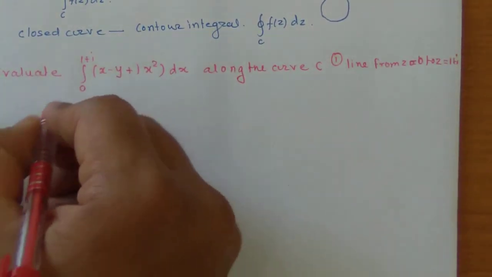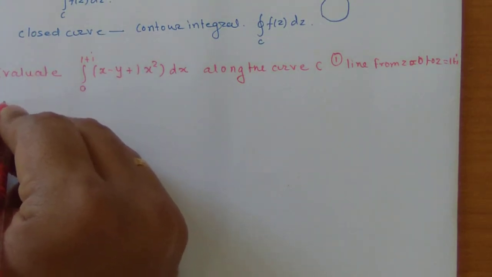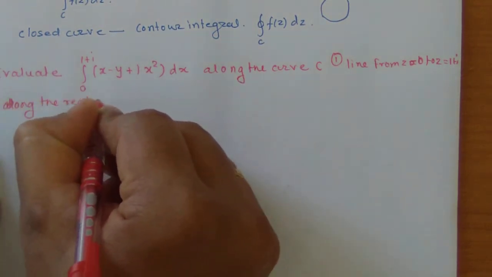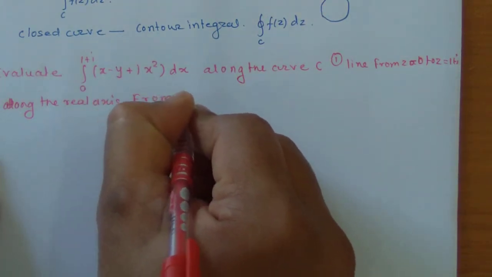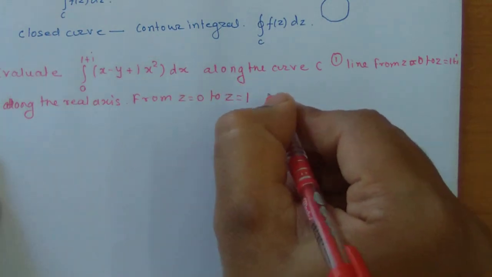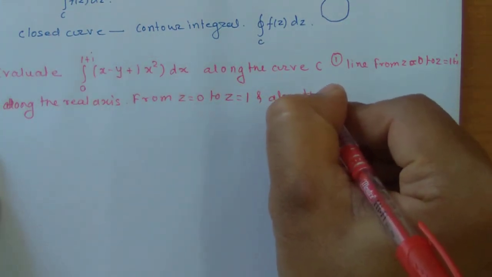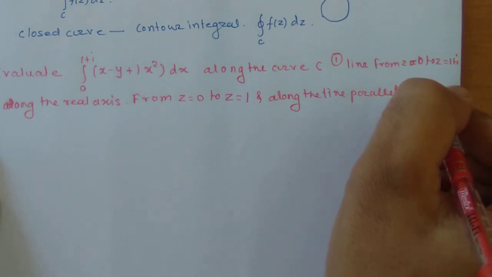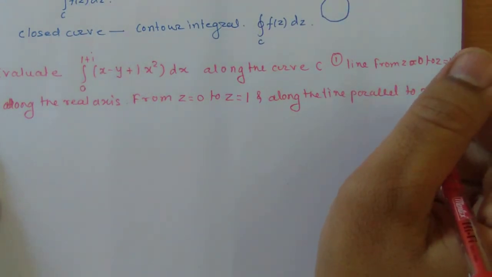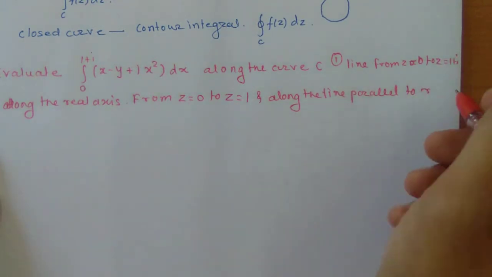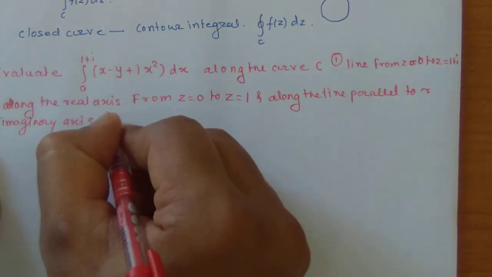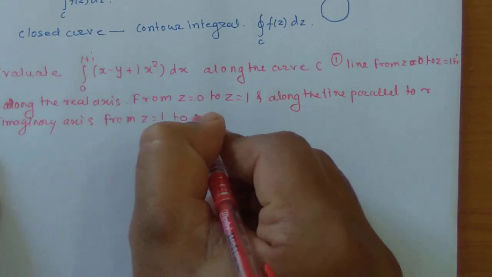Okay. Then the second curve which I am taking is along the real axis from z equal to 0 to z equal to 1, then along the line parallel to the imaginary axis, from z equal to 1 to 1 plus i.